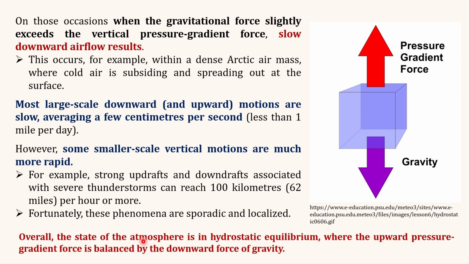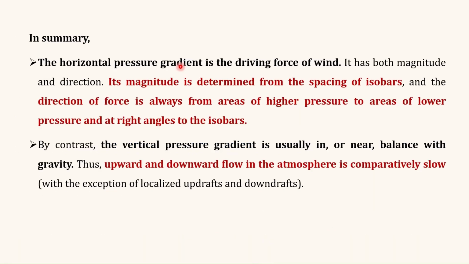Overall, the state of the atmosphere is in hydrostatic equilibrium where the upward pressure gradient force is balanced by the downward force of gravity. Here we have the summary for the pressure gradient force. We saw that pressure gradient force can be horizontal or vertical. So the horizontal pressure gradient is the driving force of wind. It has both magnitude and direction.